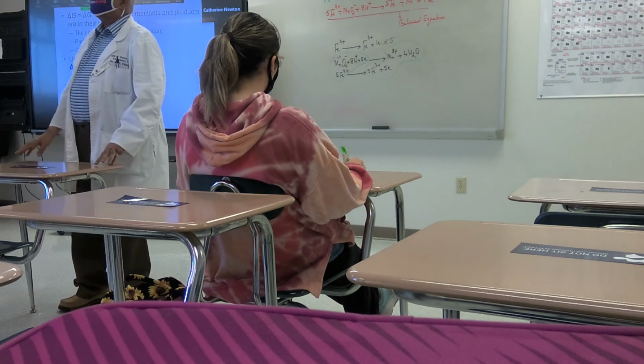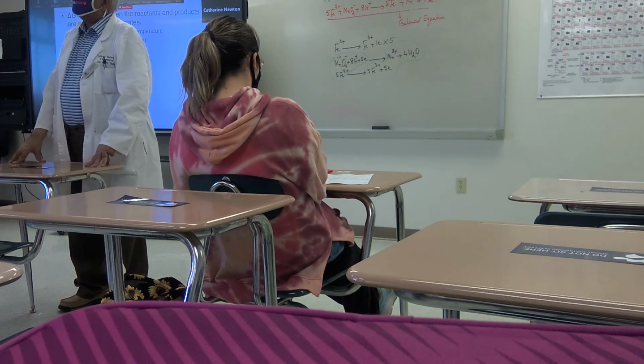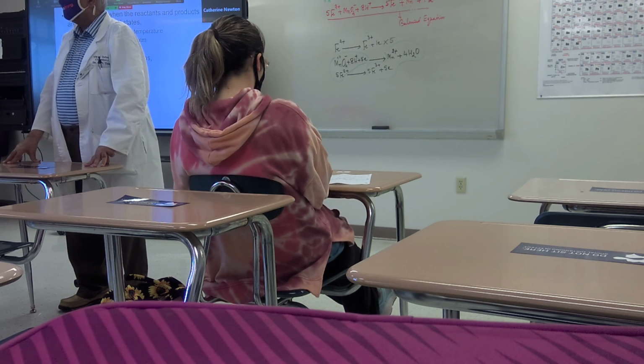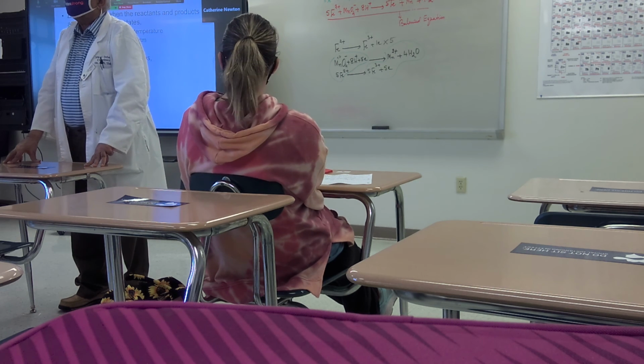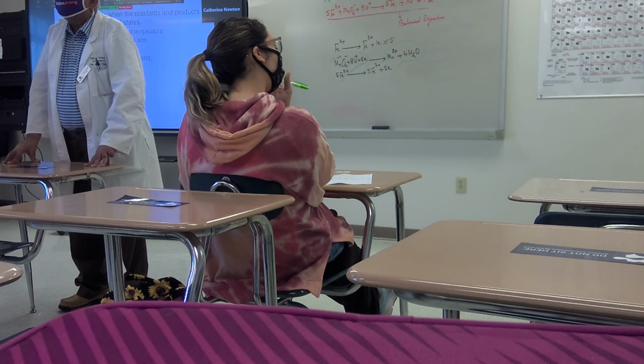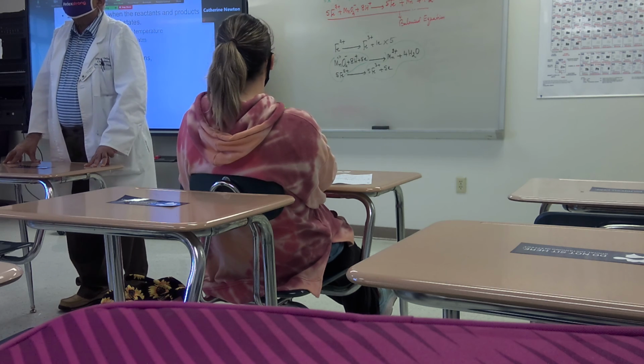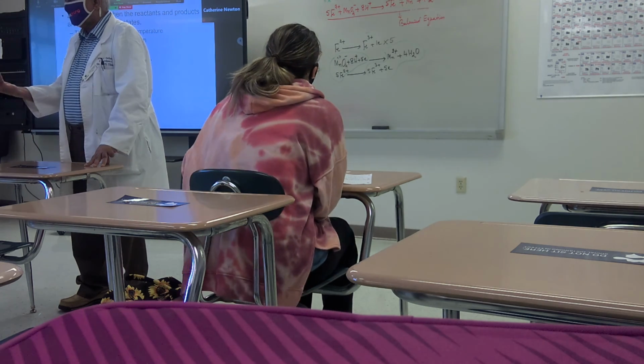Chemically balanced equation. What kind of equation? It is a redox reaction. It is balanced. The redox reaction is balanced under what conditions? Under acidic conditions, right? H plus means acidic conditions.